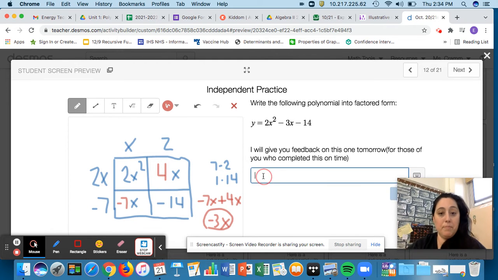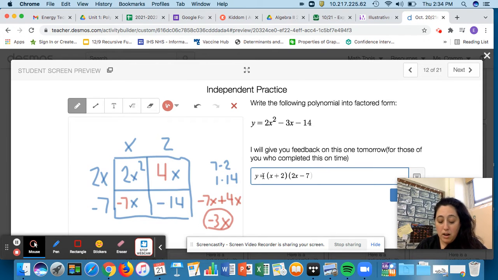Okay, so I'm just going to type that out. Y equals x plus 2, and then times 2x minus 7. All right, now in the last one we did, there was a greatest common factor. I'm just going to check both of my factors, both of my parentheses, to see if there's a greatest common factor anywhere.